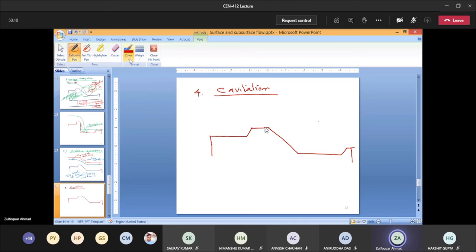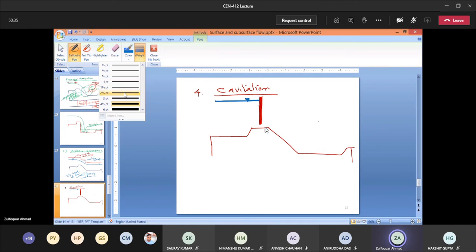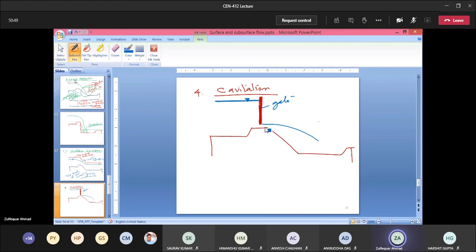In particular, if we have a gated structure, here is the gate that is being provided, and you have a small opening of the gate, and in the upstream you have ponded water. Then what happens? The water coming out from this gate may go like this.